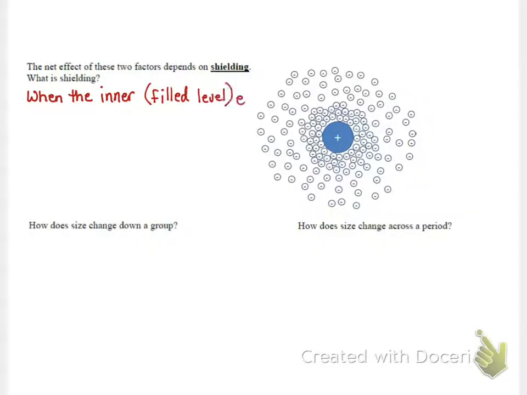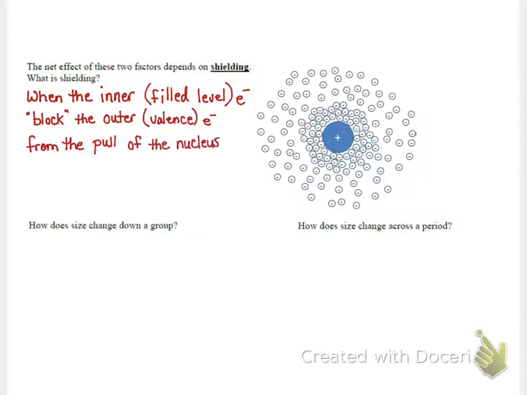The net effect of these two factors depends on something that is called shielding. Shielding is when the inner or the filled electron levels, the ones along the inside closer to the nucleus, block the force of the pulling on the outer electrons.